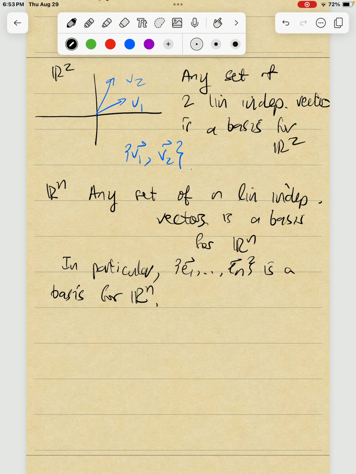By the way, here I'm defining a basis for a subspace to be a set, but some books define it to be an ordered list. The only difference between a set and a list is that in a list, the order matters. So for instance, E1, comma E2 is different than E2, comma E1. That's something I would call an ordered basis.